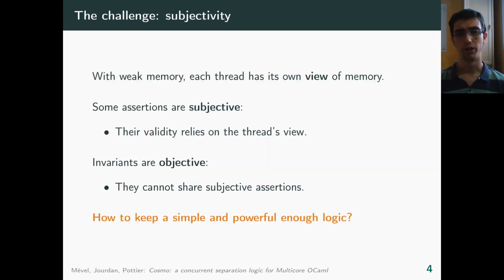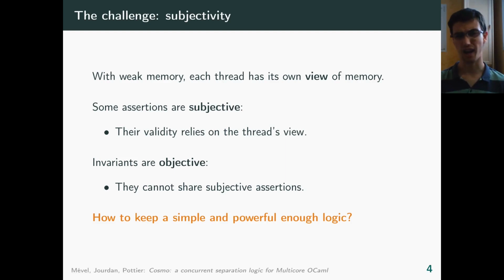Now, what breaks under a weak memory model is that each thread now has a different view of memory. This notion of view is crucial because it means that some assertions, like the points-to assertion, are only valid with respect to the current view of a thread. We call these kinds of assertions subjective assertions.